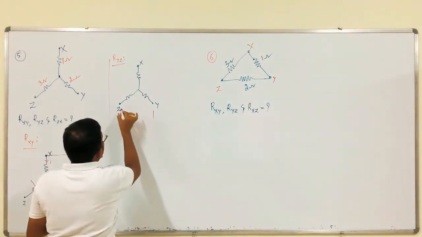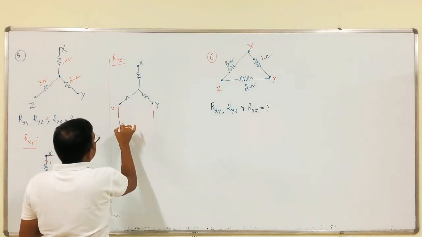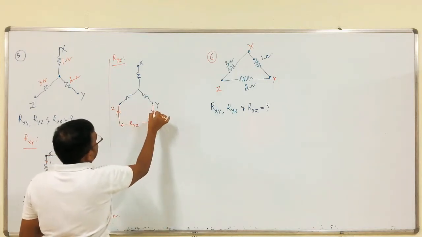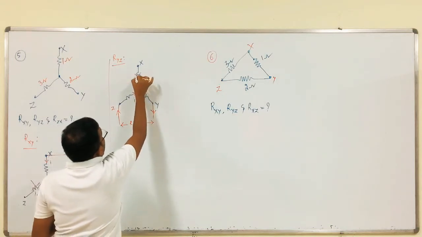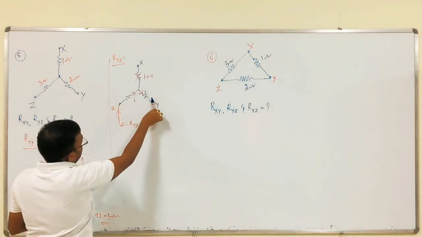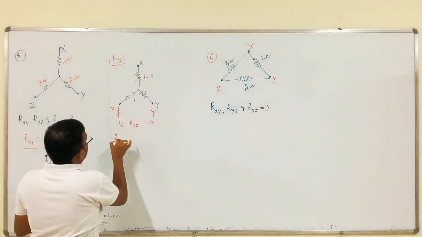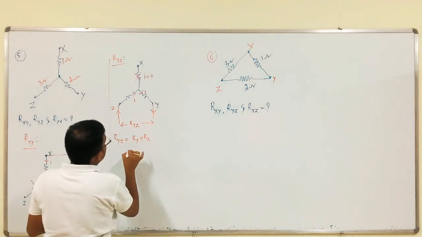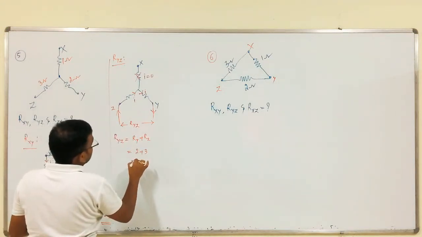So, the leaving current is I. There is no current through this branch, the same amount of current entering is equal to leaving. Therefore, Ryz is equal to Ry plus Rz. What is the value? 2 plus 3, that is 5 ohms.